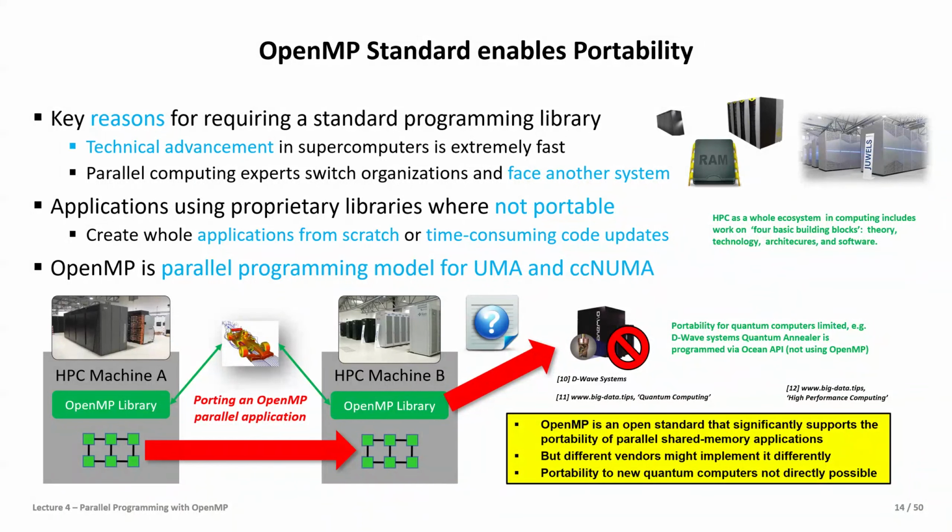So chances are that you get computational time on one and continue with computational time on some other machine, and you want to have your OpenMP program working. And you remember that also from the MPI lecture, right? This was a similar idea with MPI. Let's have a standard so that every time we use another HPC machine, we can port an application, not only MPI, but OpenMP, and also the hybrid ones.